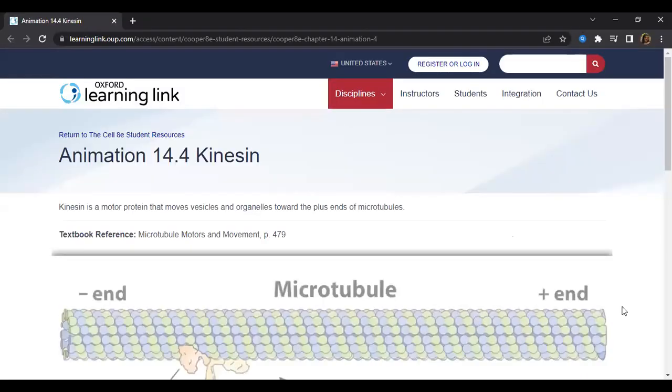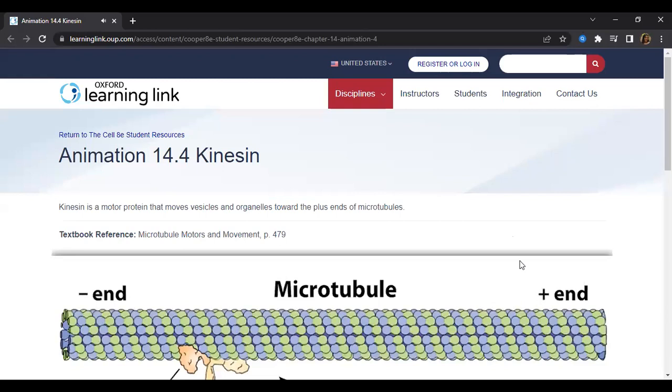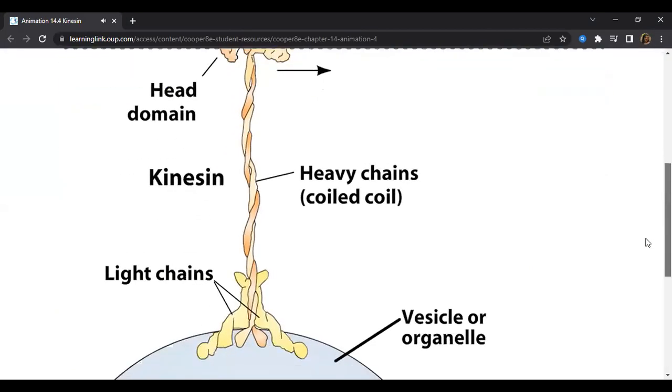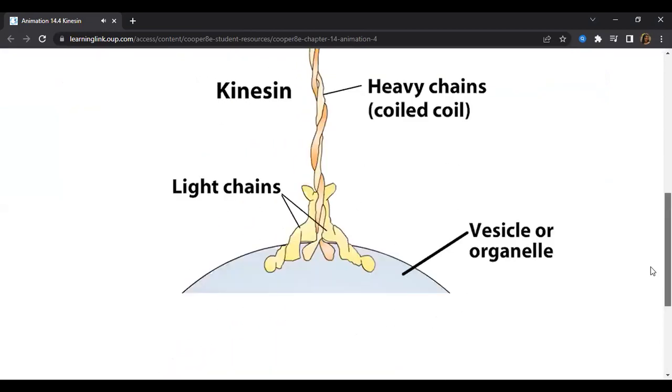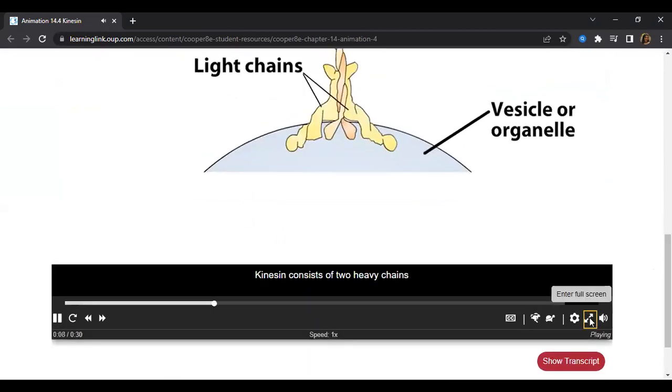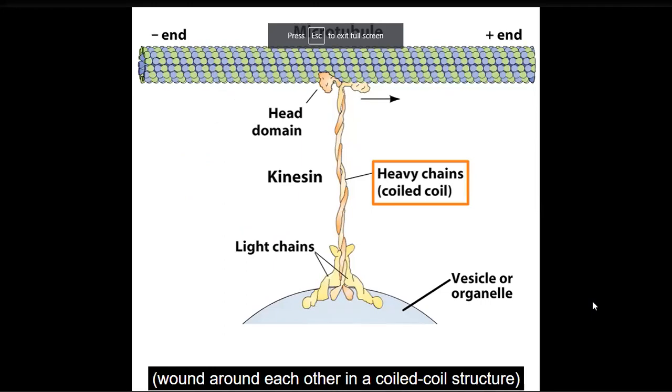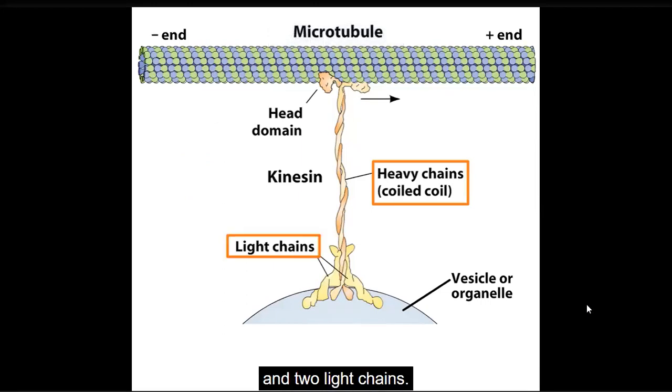Let me show you this video. Kinesin is a motor protein that moves vesicles or organelles toward the plus ends of microtubules. Kinesin consists of two heavy chains wound around each other in a coiled coil structure and two light chains.